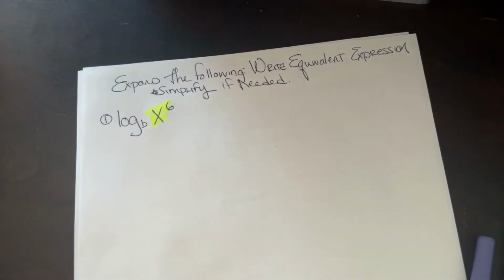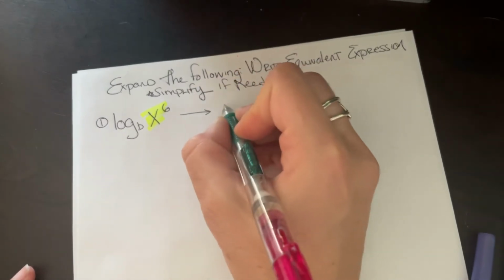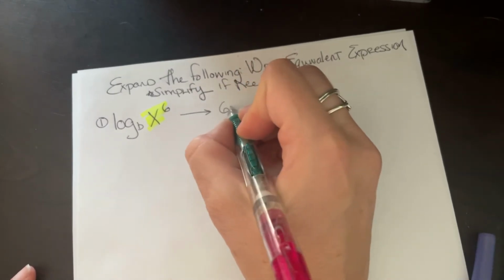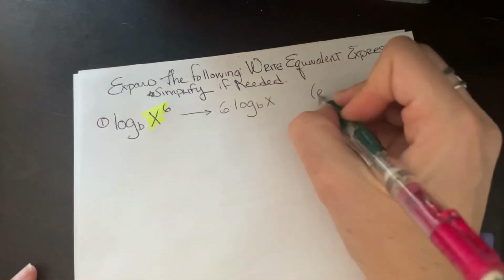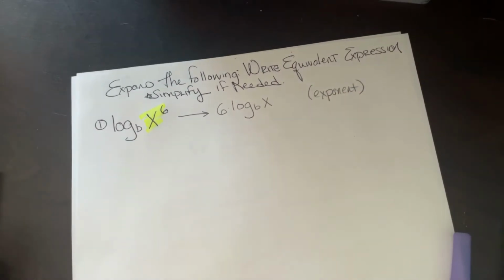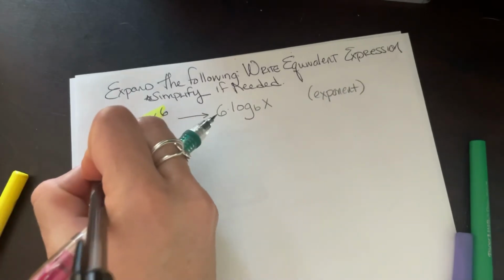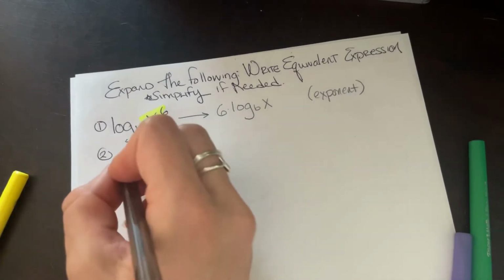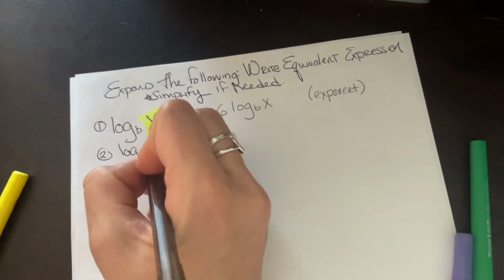So you have one term and you have an exponent. Exponents go to the front, so it becomes 6 times log b of x. That's it. Just so you know, this is your exponent one. I'm just going to write one of each, and then I'm not going to write it again. Done. That's your final answer. Okay, we're just doing one of each to kind of get us going, and then I'm going to put multiple things in here. As always, we go from a little bit of basic to a little more work.